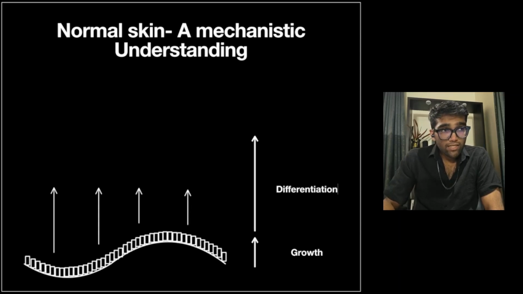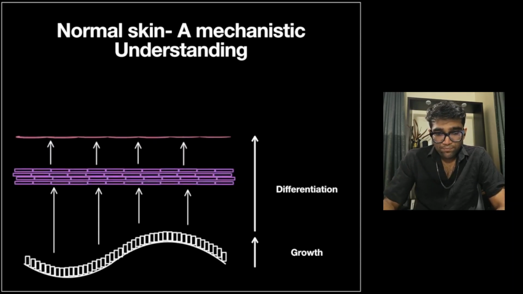And differentiation in the case of a skin cell, that is a keratinocyte, basically means a conversion to a dead plate-like cell, or what is also called cornification. As you can see, these cells are going from being almost pillar shaped, or cuboidal or columnar, to being flattened horizontally.